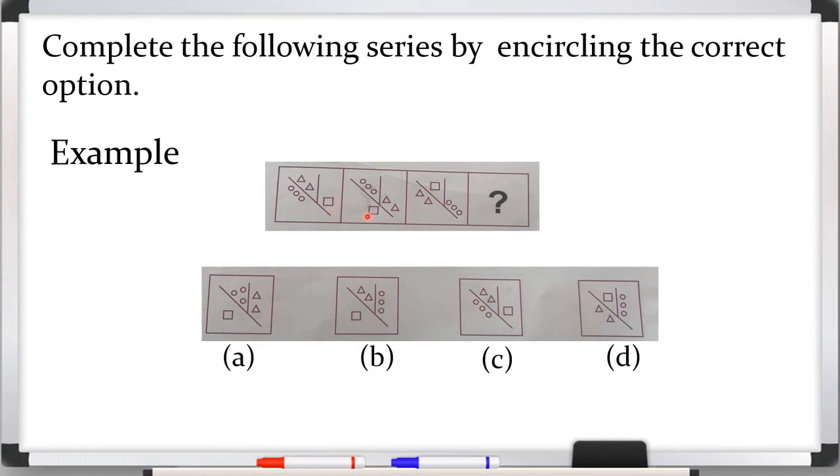And in the next figure you can see this square is at the upper side part, and these triangles come down, and these circles come at the right hand side. So these three elements are moving, means they are rotating in clockwise direction.